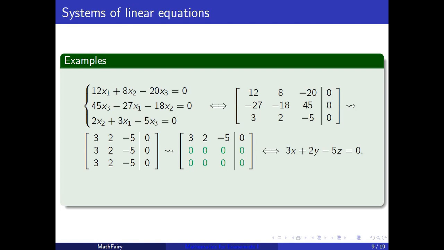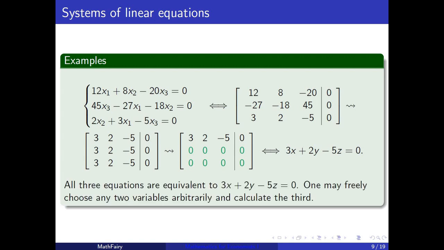And here we can divide the first row by 4, divide the second row by -9, and leave the third row unchanged, which would give us that two of these rows are actually redundant, so we can get rid of them. So at the end of the day, all three of these equations were equivalent to 3x plus 2y minus 5z equals 0. So we could freely choose any two of these variables arbitrarily and then calculate the third one.